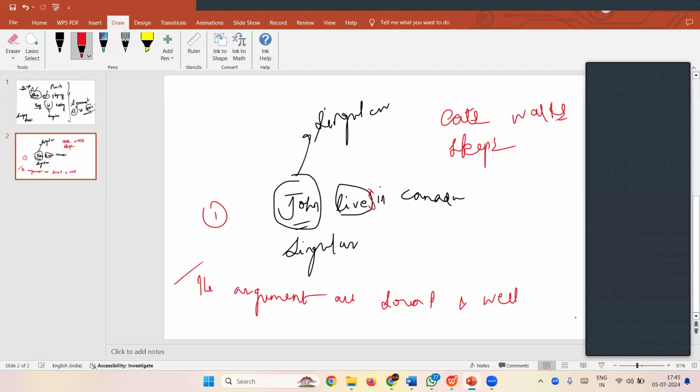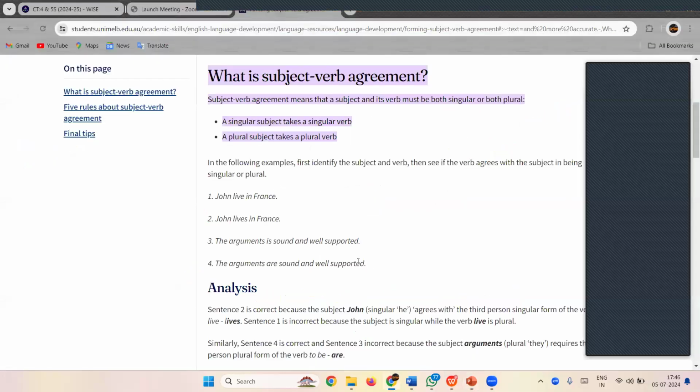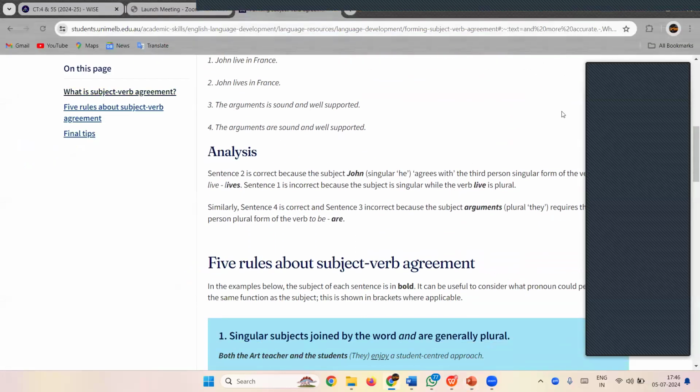It is wrong, because in argument, S is not there. So if S is not there, I should change the verb accordingly. So what can I do? You can put is. Correct. So that is the analysis.